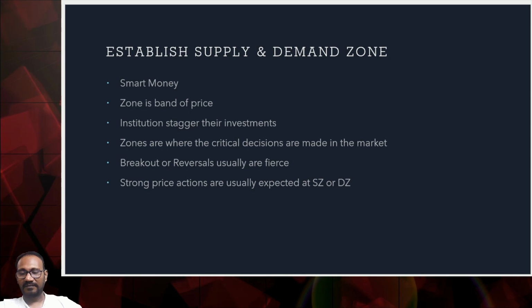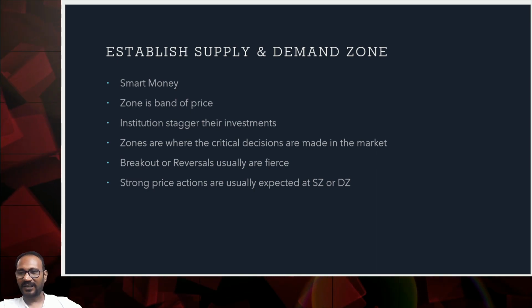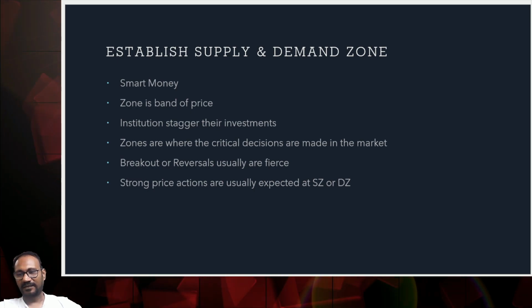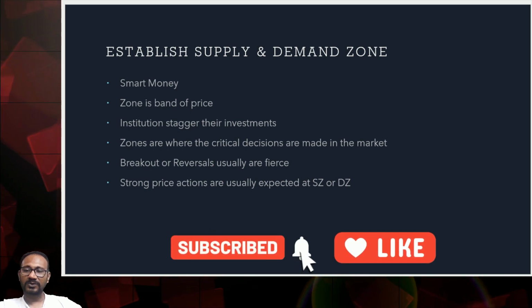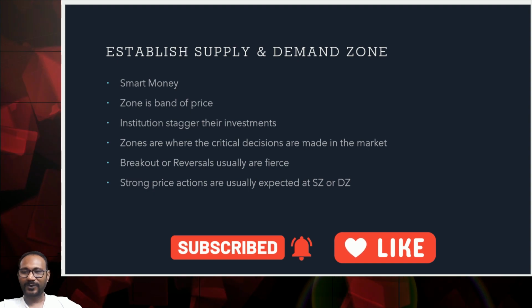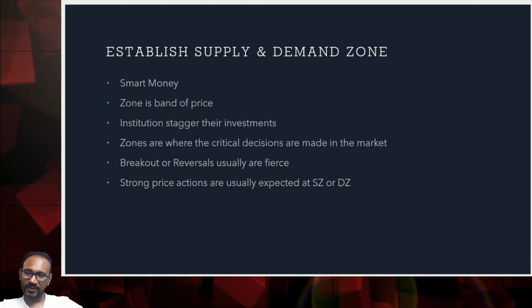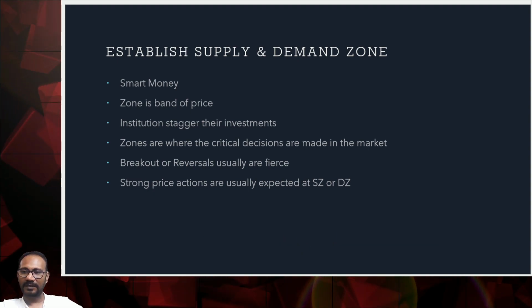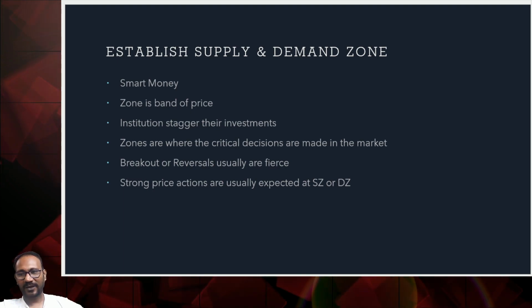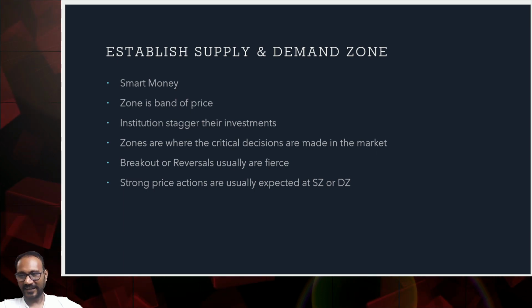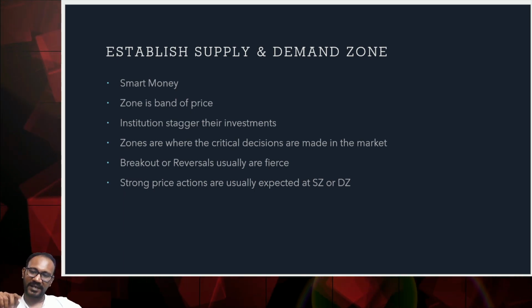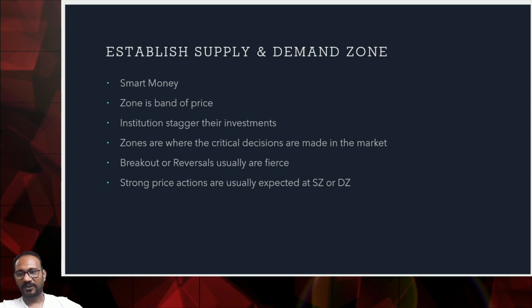And why is it called a band? Because it's not like one time that they buy and then they will just disappear. A band means it's a huge order and it cannot be fulfilled in one go, right? So the market has to retest it multiple times. If I'm planning to buy 1 lakh quantity, in just one spike I will not be able to buy 1 lakh quantity, right? So when it comes to that band, it will maybe execute about 5,000 quantities.